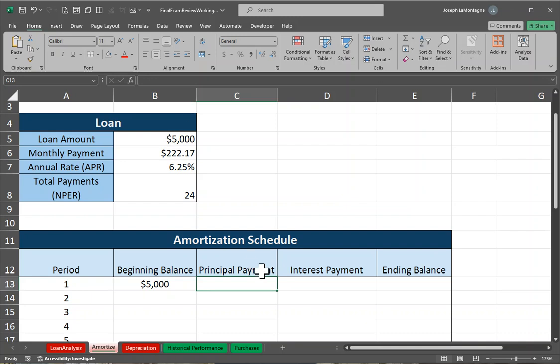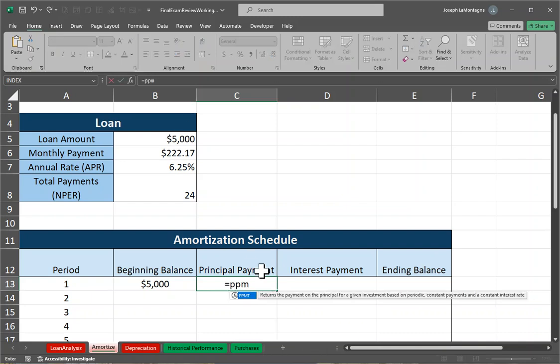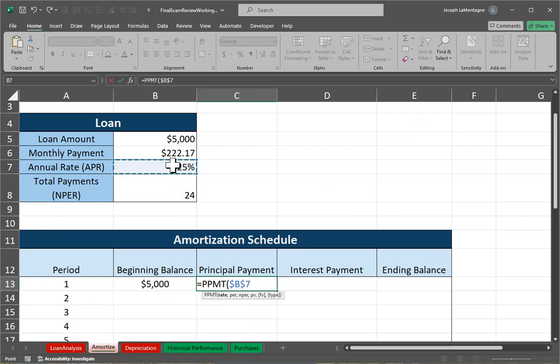So in this one, it's going to be equal PPMT, and you can see all the arguments: the rate, PER is the actual period, NPER is the total number of periods of the loan, and then present value. It actually does calculate the monthly payment as part of the function. So the rate will be B7 absolute divided by 12.